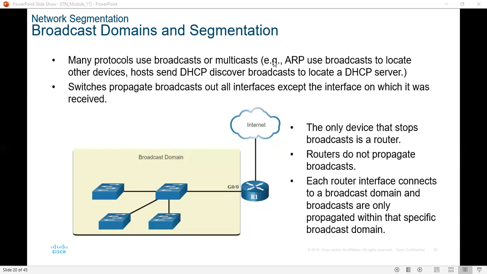So each port on a router is like a domain itself. But when you talk about a layer 2 switch, every port is a broadcast. That means if something is sent to one, others are receiving it.